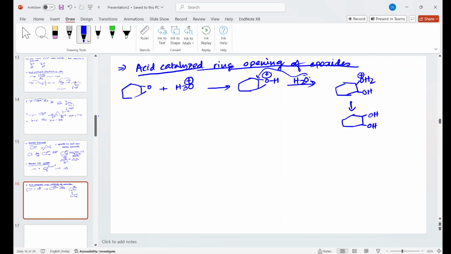So now the thing is, it depends on the stereochemistry. You can have starting material like this, or the other way. You will end up with a trans diol. So we'll end up with a trans diol.